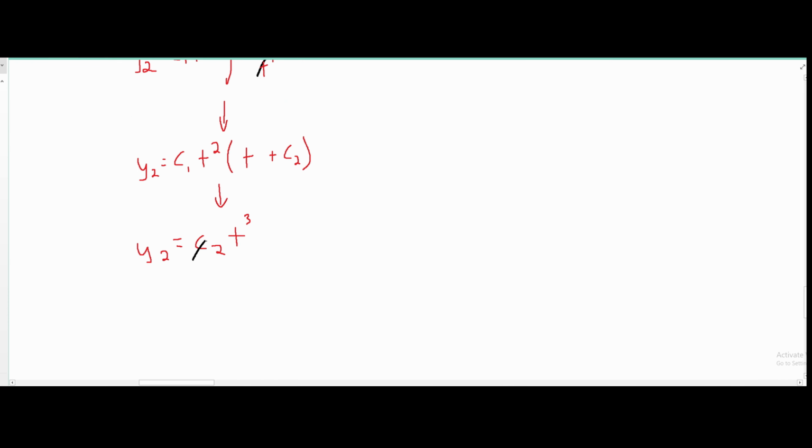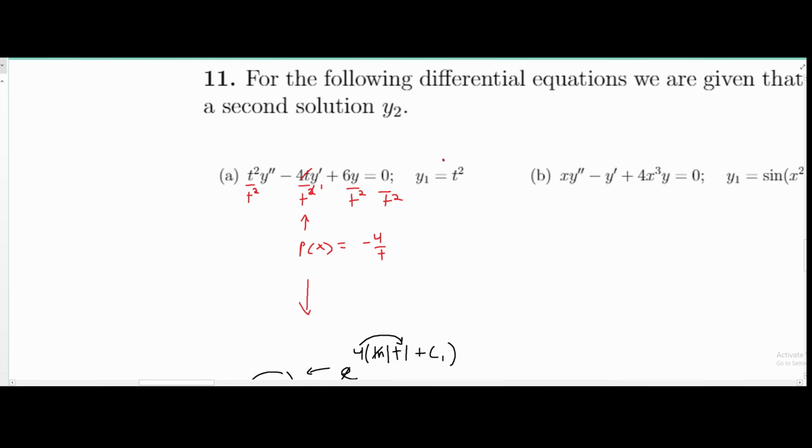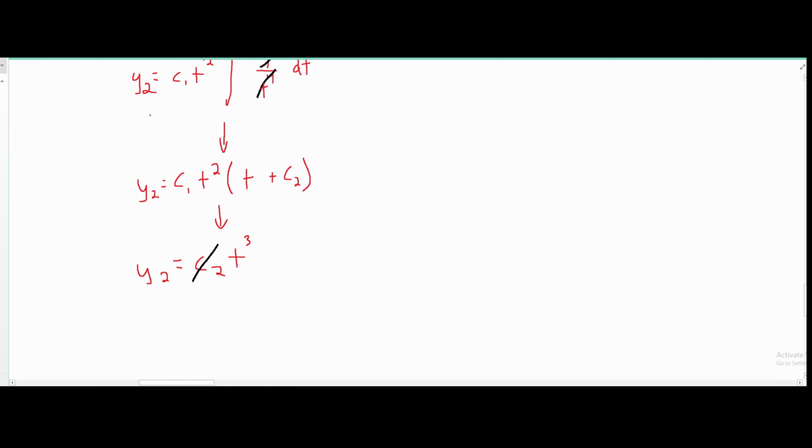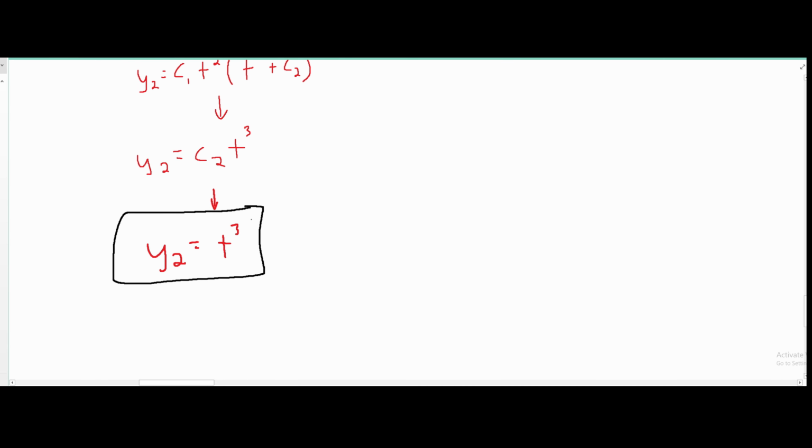However, we actually do not need this c2. If we look back to the equation, we're only given this. We only need c2 when we're putting it in the general equation. Since it's only asking us for y2 and not the general equation, we can write this as just t cubed.